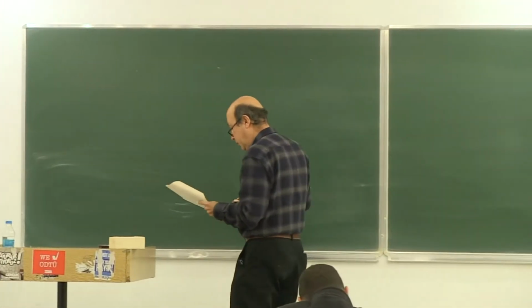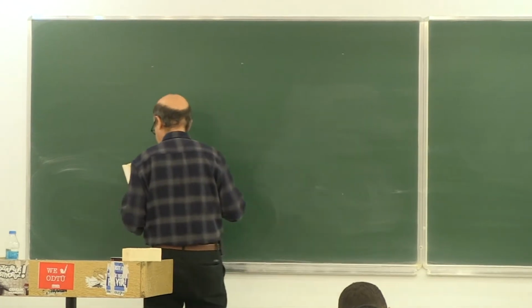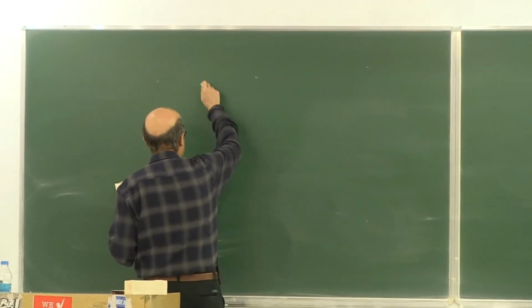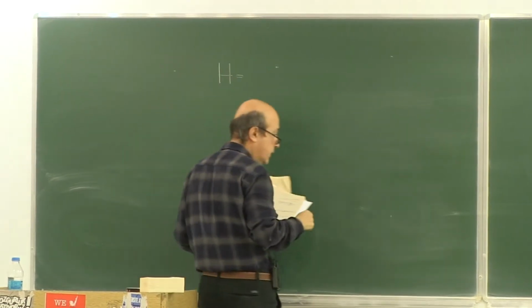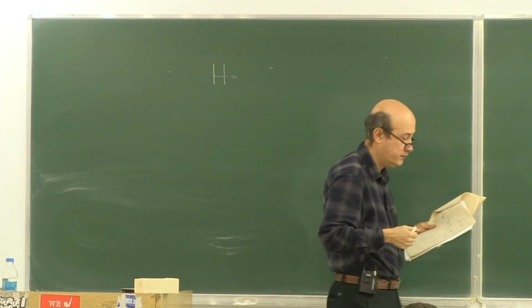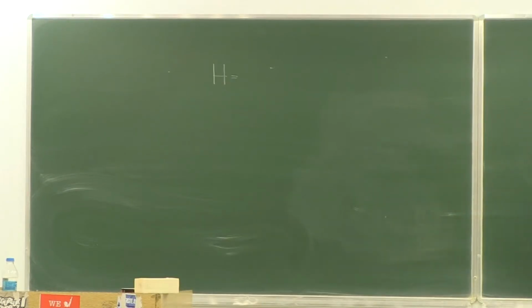Now, today we will look at what happens if we define the Hamiltonian density and what we can learn from that Hamiltonian density. So basically we will derive the conservation laws.